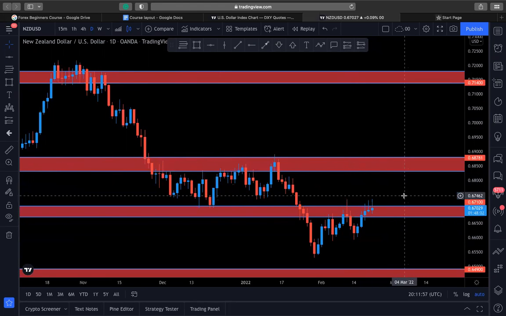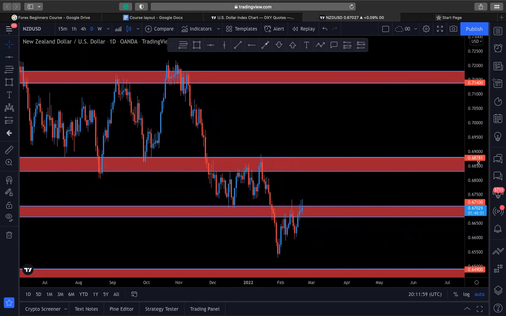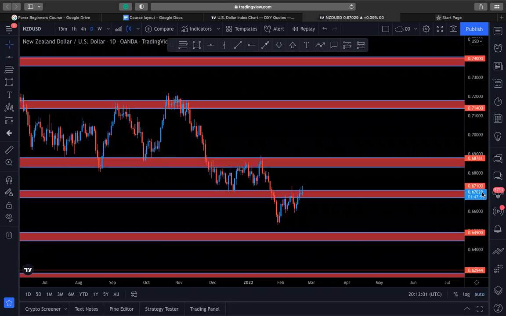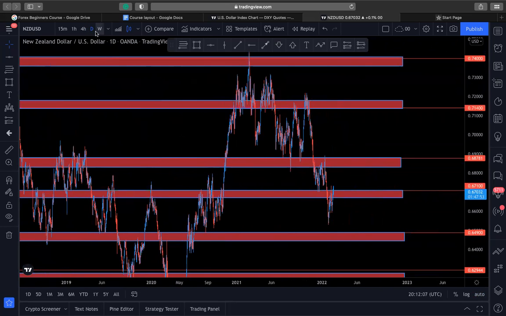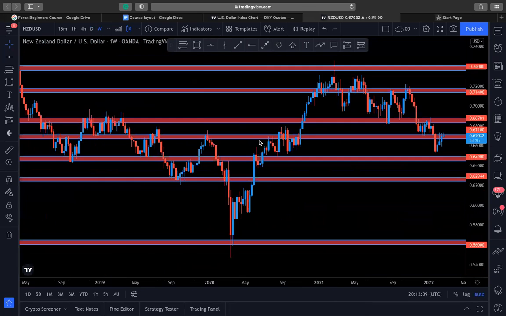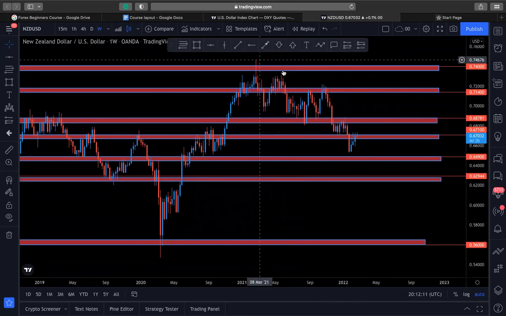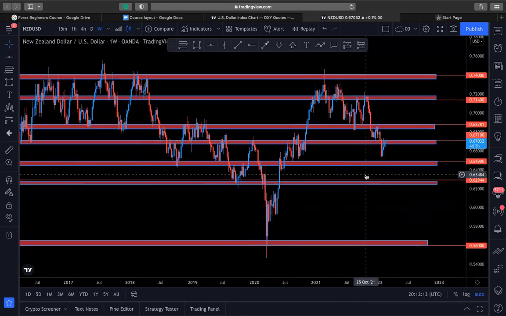I mark up my key zones and I'm literally just trading price within these zones. Understanding where price is, looking at our weekly, price has been making lower lows, lower highs recently.